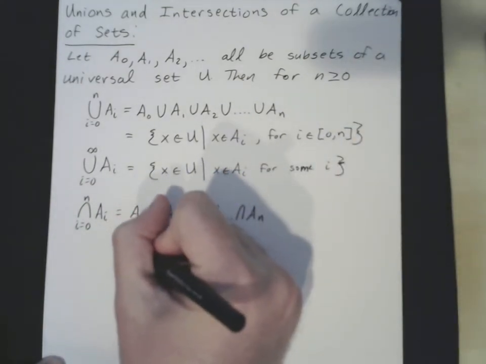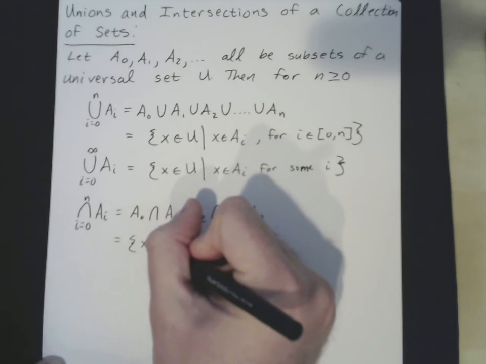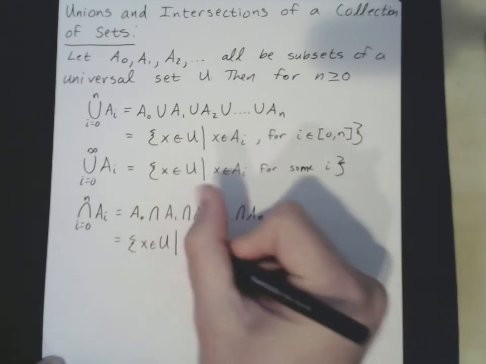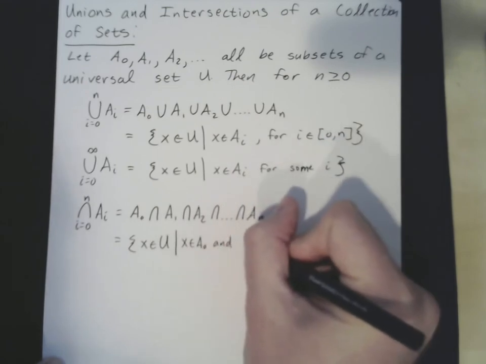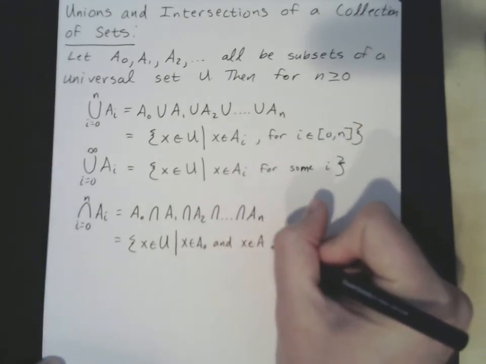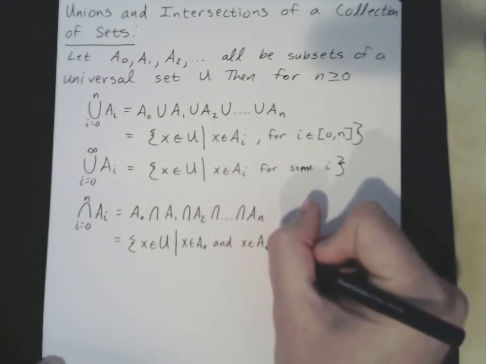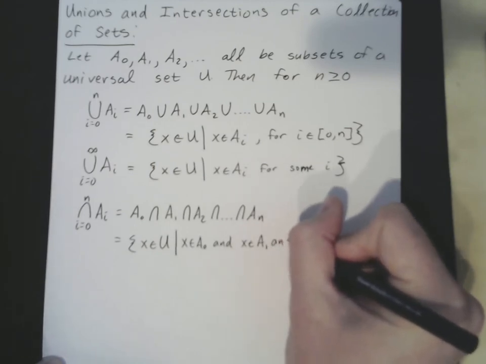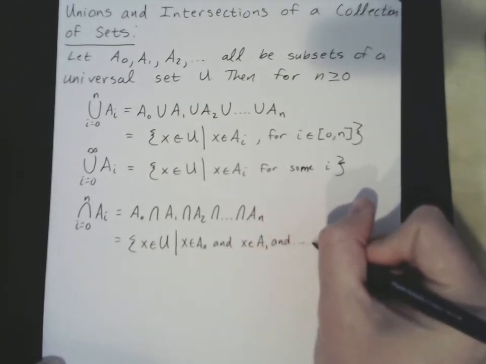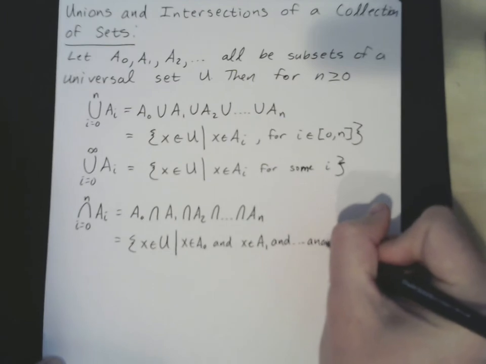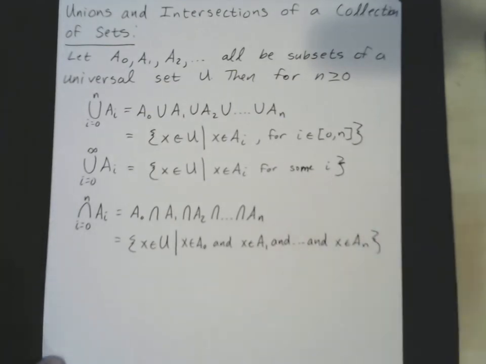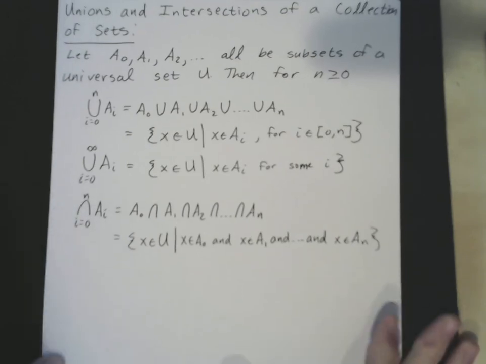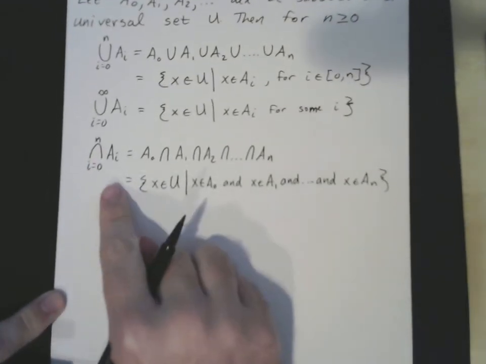And this is the set of x's out of our universal U, such that x is in A naught and x is in A1 and dot dot dot, and x is in AN. So you have to be in all the sets to be in the big intersection.